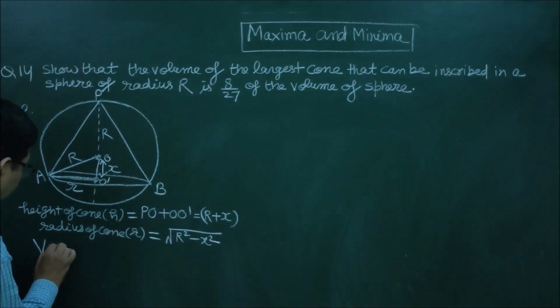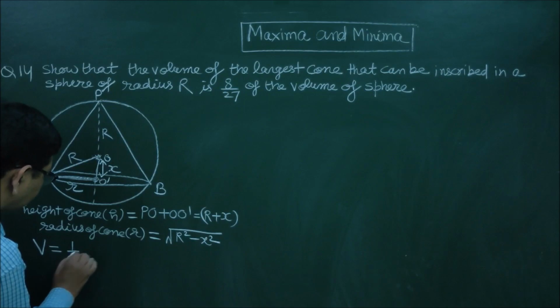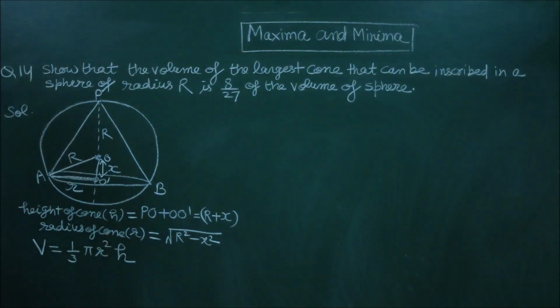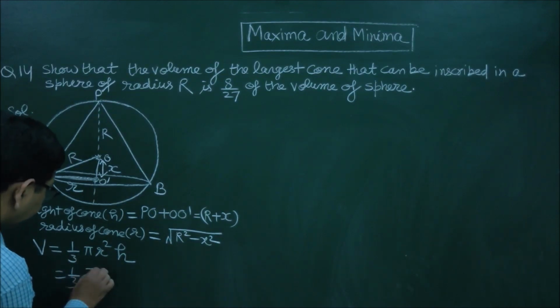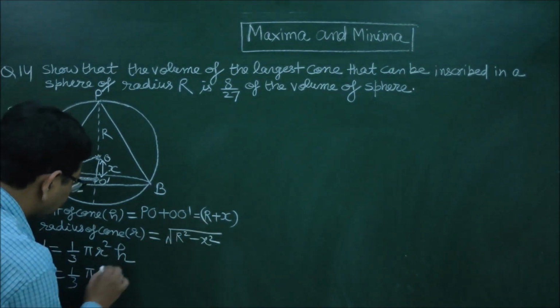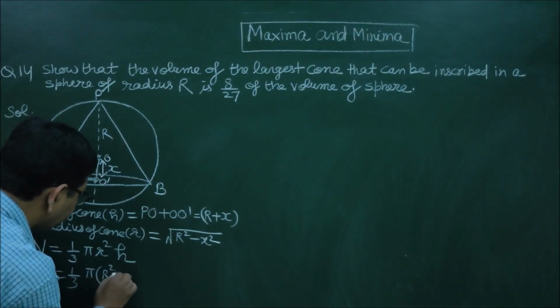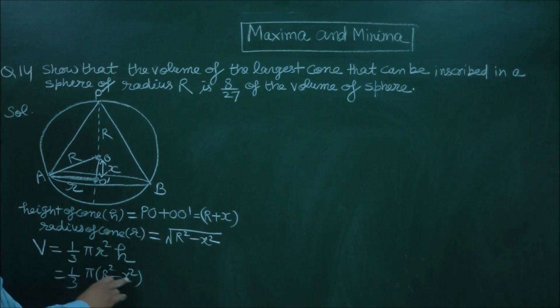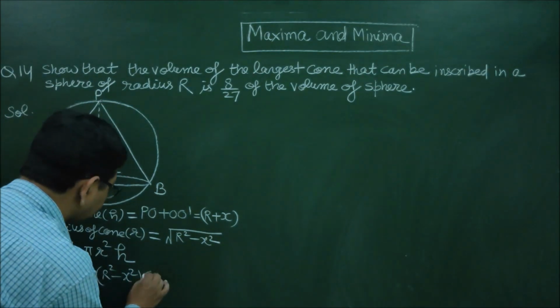So V is equal to 1 upon 3 pi r square h, which is equal to 1 upon 3 pi, square of this, r square minus x square, into height r plus x.